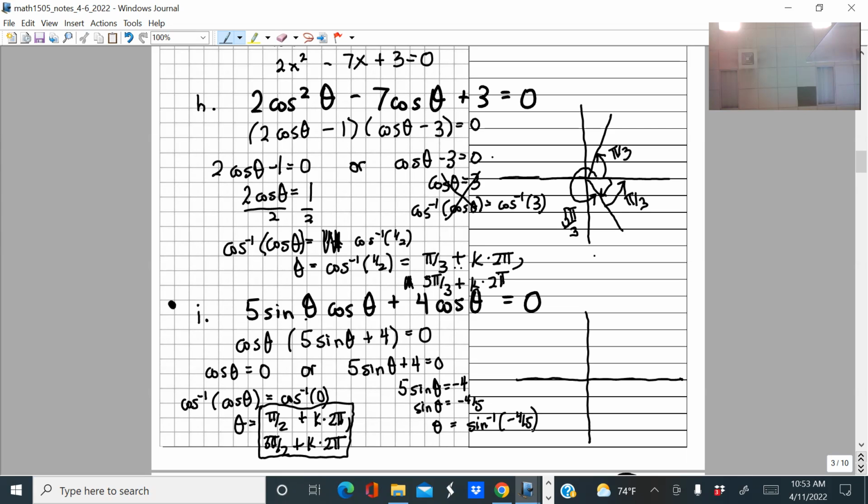That is your first solution. So what's your calculator going to tell you that is? You're going to have to rely on the calculator. What does it say? -0.93. So that is down in the fourth quadrant. If you convert that, what is that in degrees, by the way? -53.13.